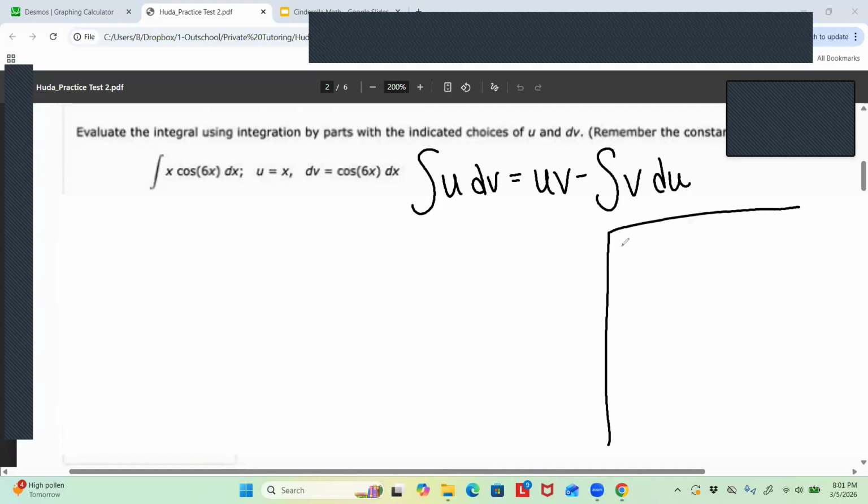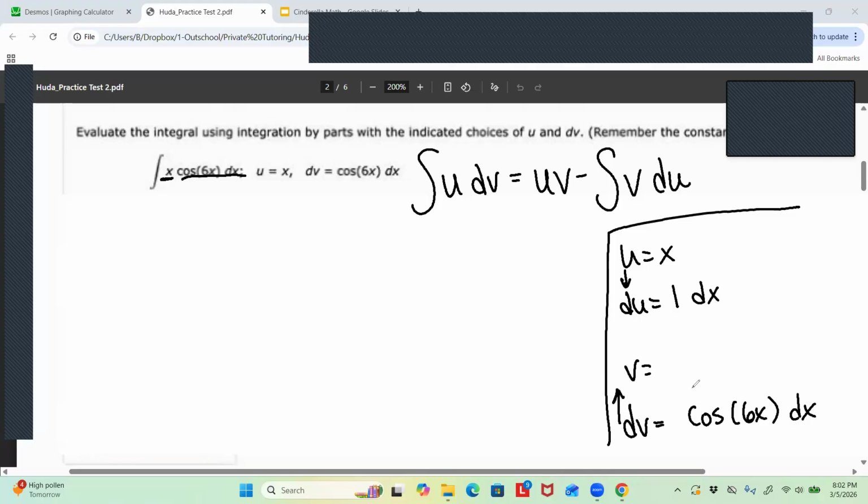They have told us to use u is x, so there's our u, and there's our dv. So dv. So derivative of u would be 1 dx or just dx, and then integrate to go backward to v.